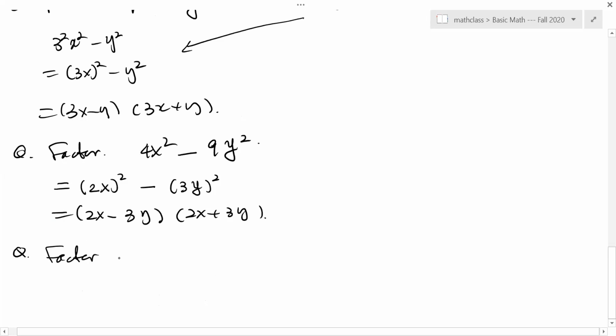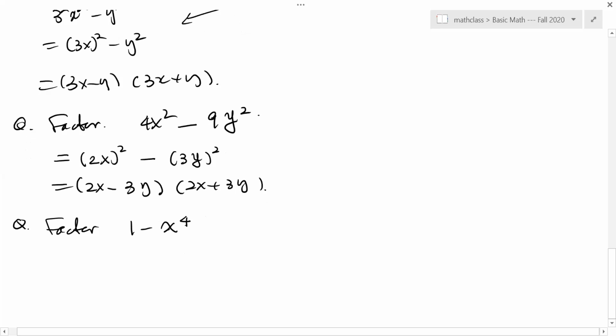Okay, so next one, factor 1 minus x to the 4th power. I'm going to show you how to do it. 1 minus x to the 4th power is going to be 1 squared minus x squared squared, right?